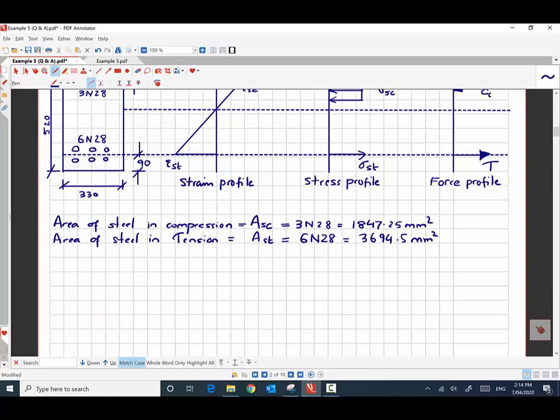Now when we have a doubly reinforced section, most likely the tension steel will yield because we are strengthening the compression side with the compression reinforcement, and usually the compression steel doesn't yield. So it is better to start with the assumption that the tension steel yields and the compression steel doesn't yield if it is a doubly reinforced section. Of course, we will come back and check whether our assumption is correct or not.